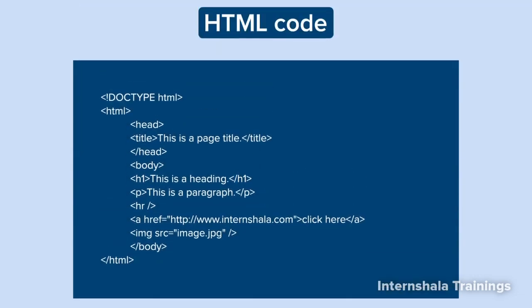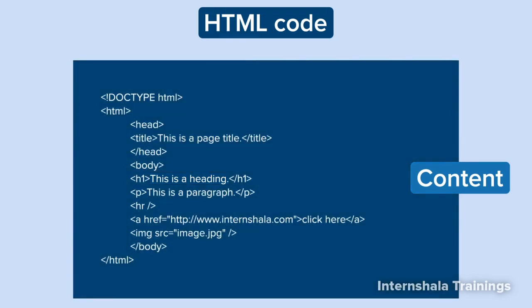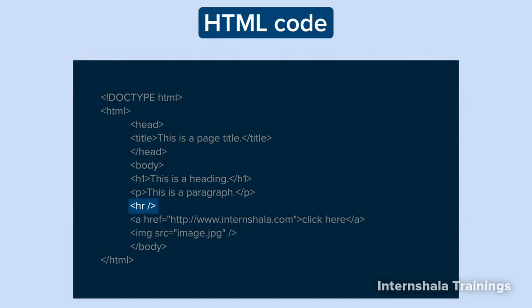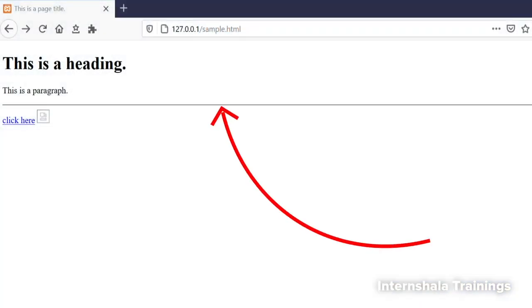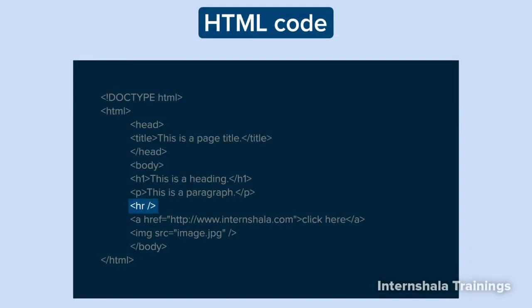And anything between the opening and closing HTML tag is referred to as content. Here, in this case, the content is "this is a heading". Now there are some tags that cannot have any content. For example, you can see this HR tag, which is responsible to draw a horizontal line like this. For such tags, there is no need to have separate opening and closing tags, and in such cases, we have self-closing tags.